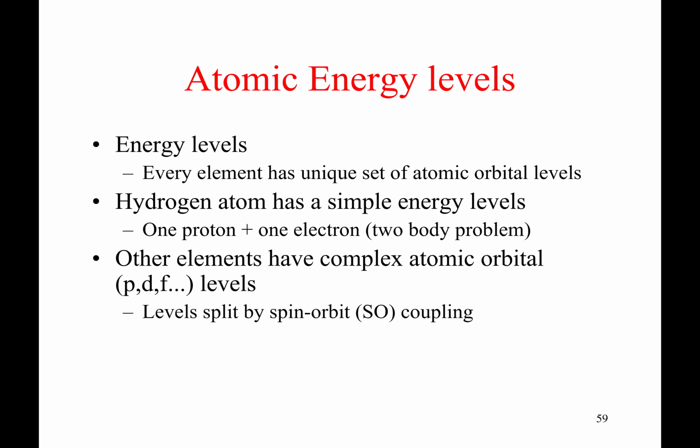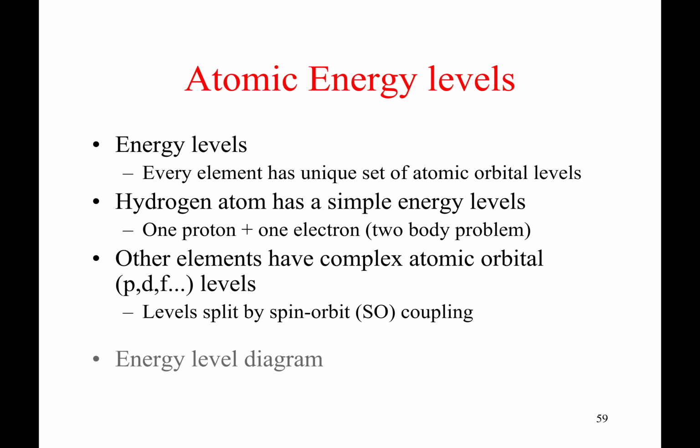We have what we call the electron spin. As they spin, they interact with the orbits. So the levels will be split by the spin-orbit coupling. The electrons spin in a given orbit, so there is spin-orbit coupling.